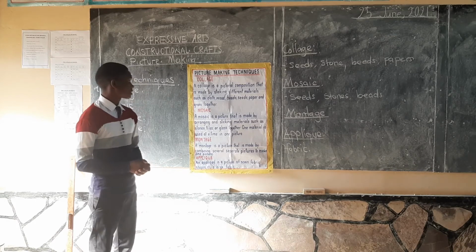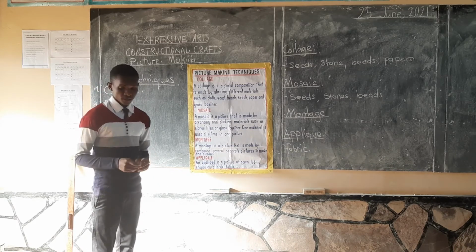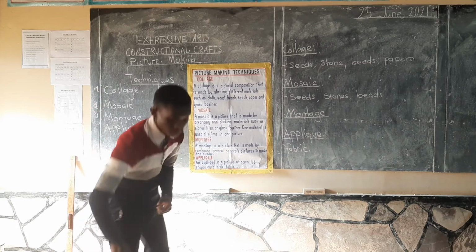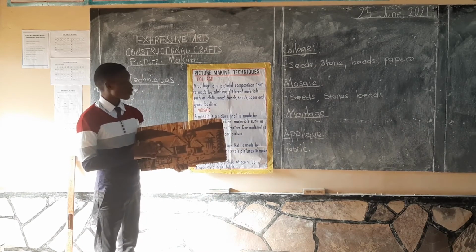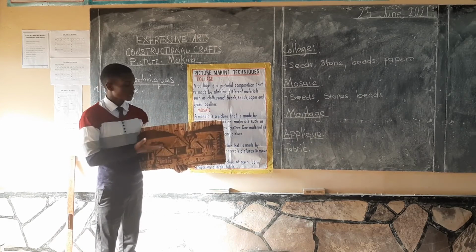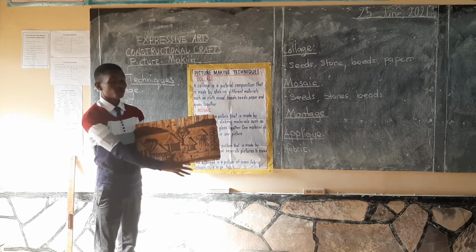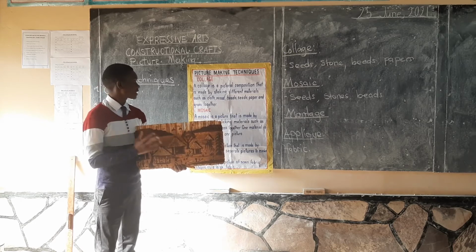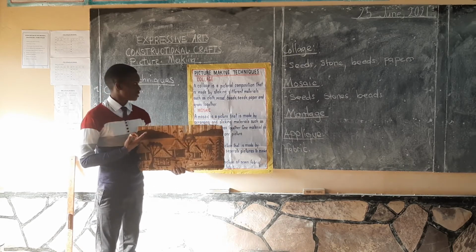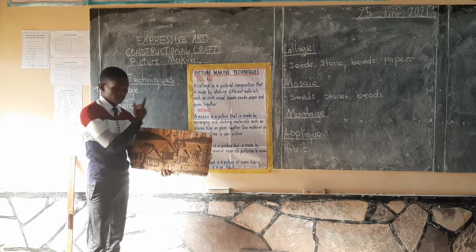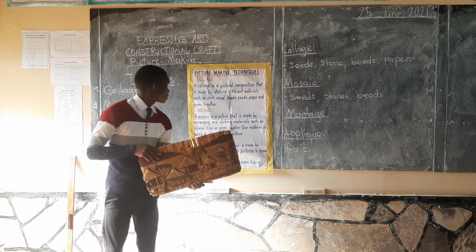You can even use grass. You stick them together. So that's why I showed you this. This is one example of a collage because it is a combination of different materials stuck together to come up with one picture. So this is a collage and it looks like this.